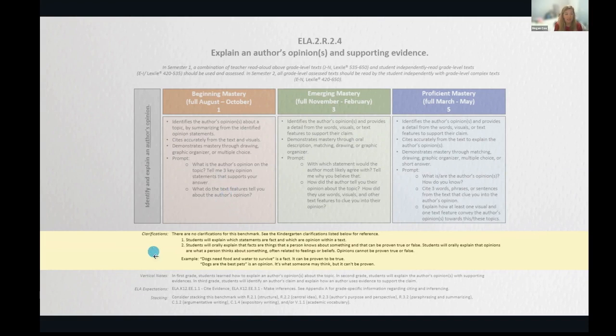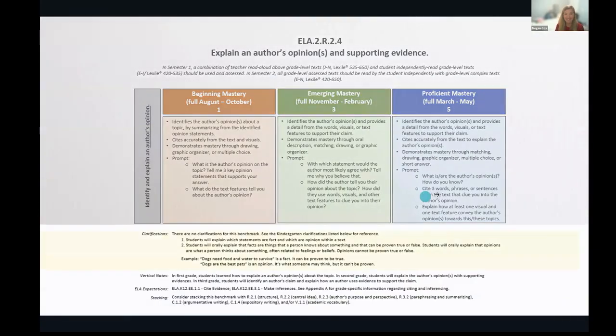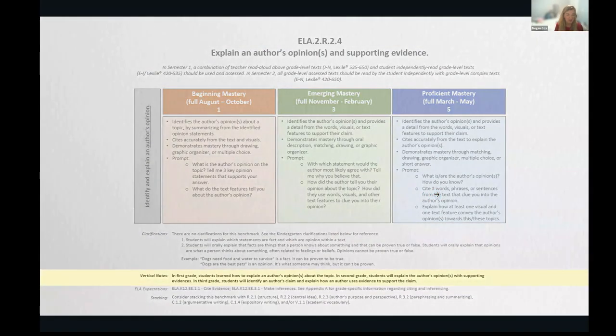So in this specific example, we went ahead and pulled from kindergarten, the kindergarten clarifications.